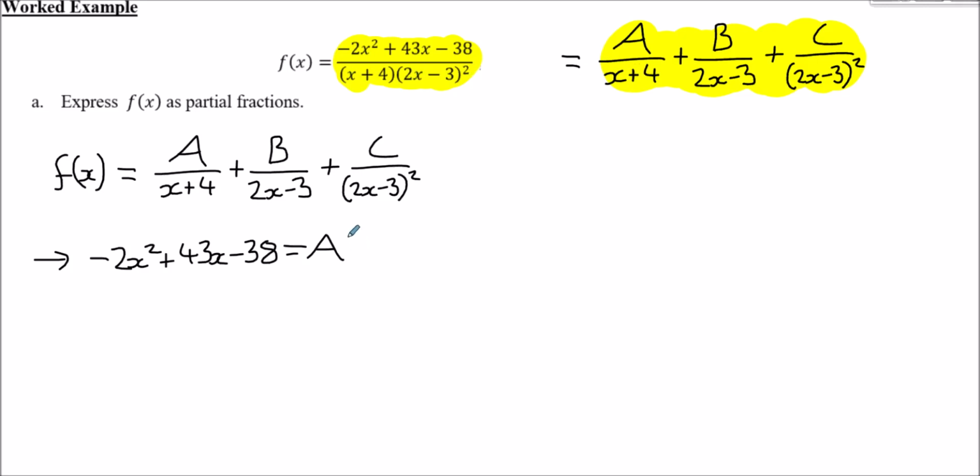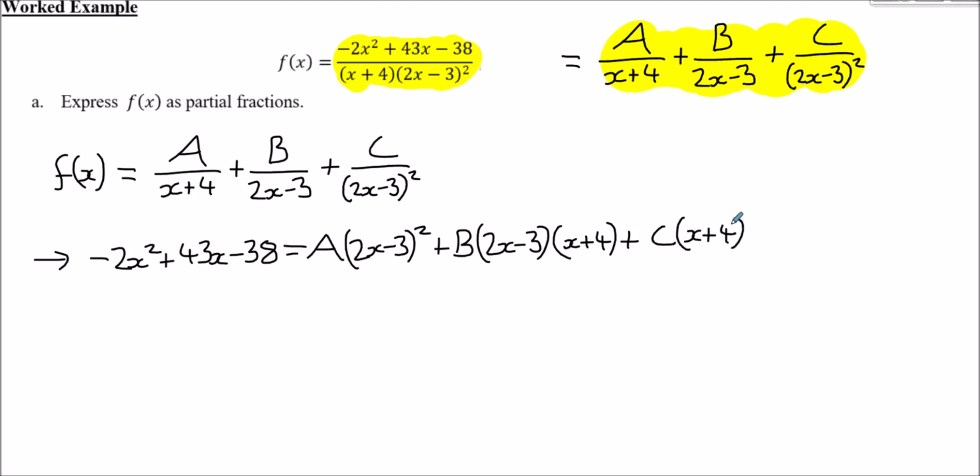So just have 2x minus 3 squared. b, because I'm dividing b by 2x minus 3, but then multiplying it by 2x minus 3 and another 2x minus 3, I'd get there another 2x minus 3, plus of course the x plus 4. And for c, which has been divided by 2x minus 3 all squared, then multiplied by this thing here, that would cancel. So next to c, we just have x plus 4.